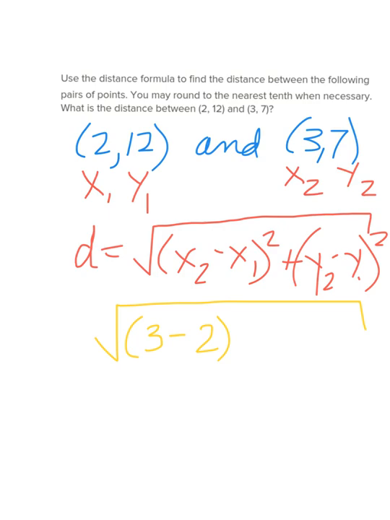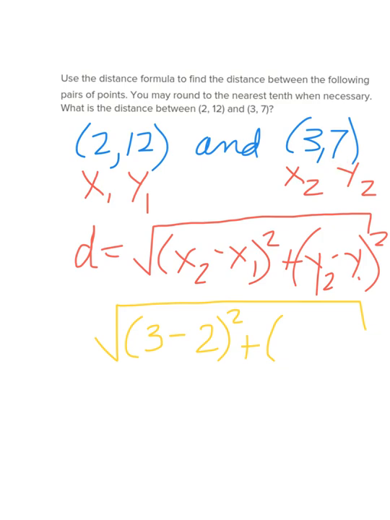Then make sure you follow the pattern in the formula. We have a squared and we have a plus sign. All right, so this is going to be squared plus more parentheses. I'm looking for y2 next. Where's y2? Hey, there's y2 right there. y2 is 7.